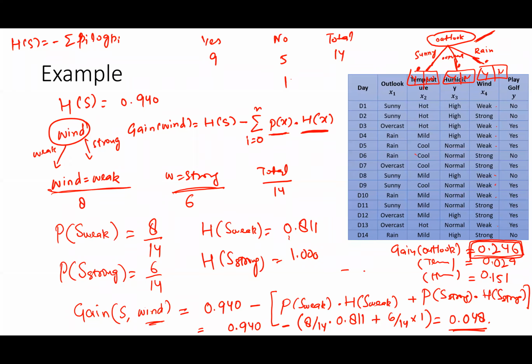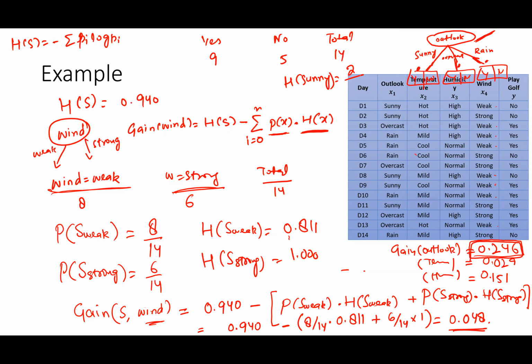Maybe I might show you that one. So let us say H of sunny. What is the number of yes in case of sunny? Sunny, no, no. Again there is sunny, it's no. Again there is sunny 1, sunny 2. So there are 2 cases in which it is yes.